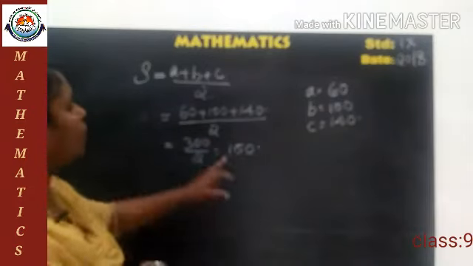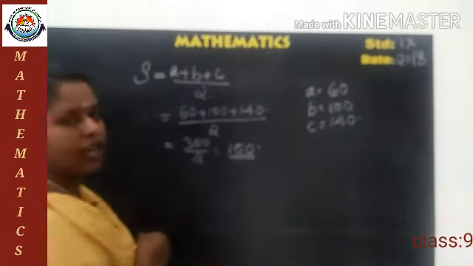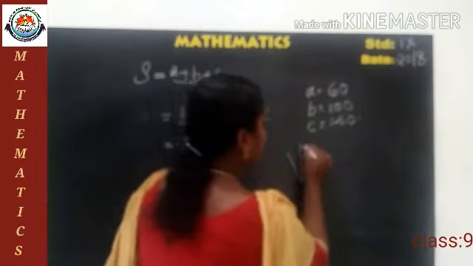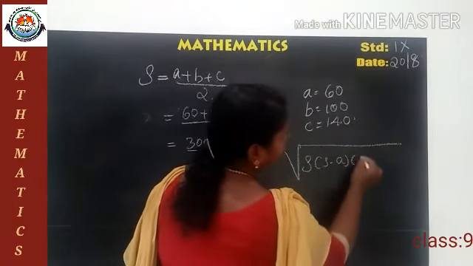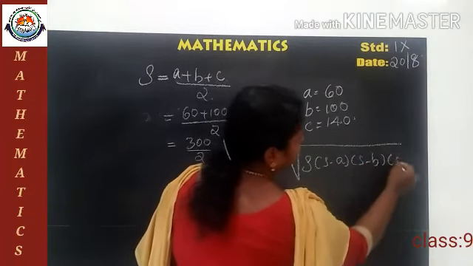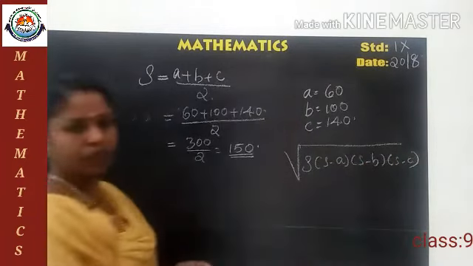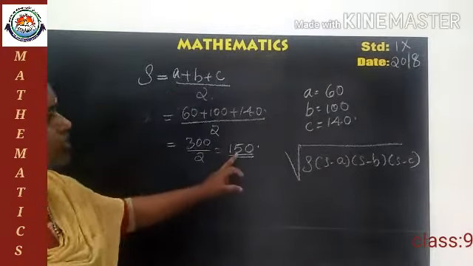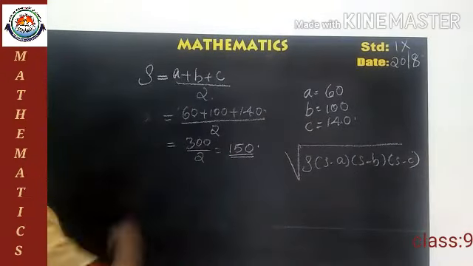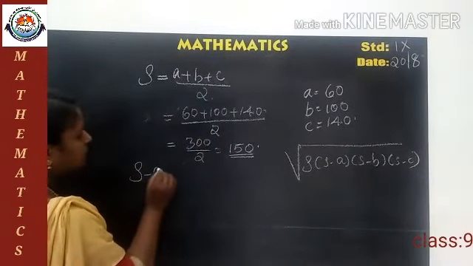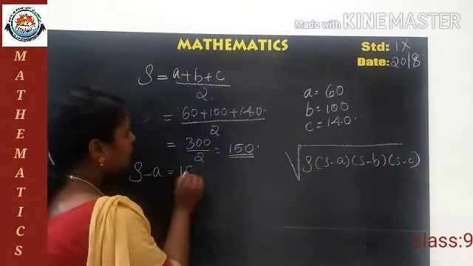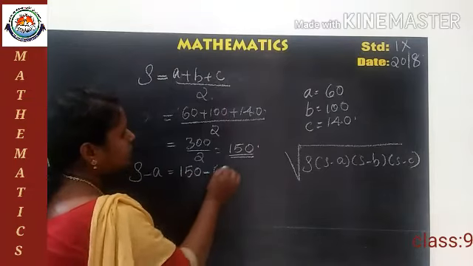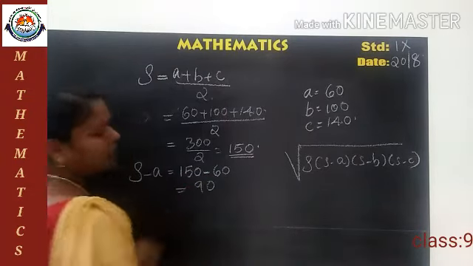So now we got 150. And our formula is root of s into s minus a into s minus b into s minus c. Now our s is 150. Then s minus a is 150 minus 60, which is 90.